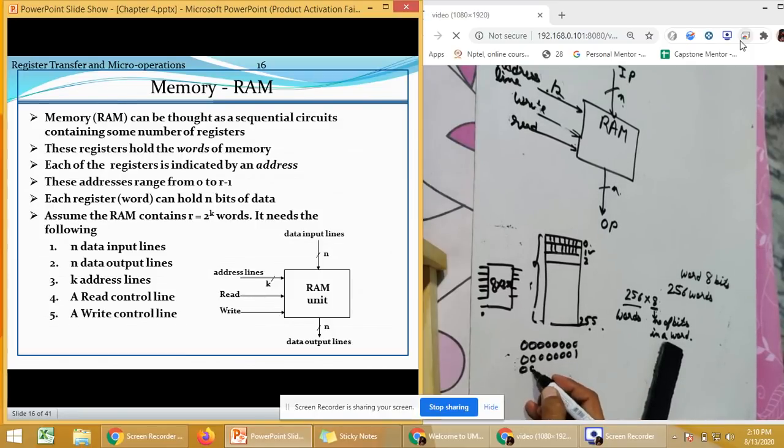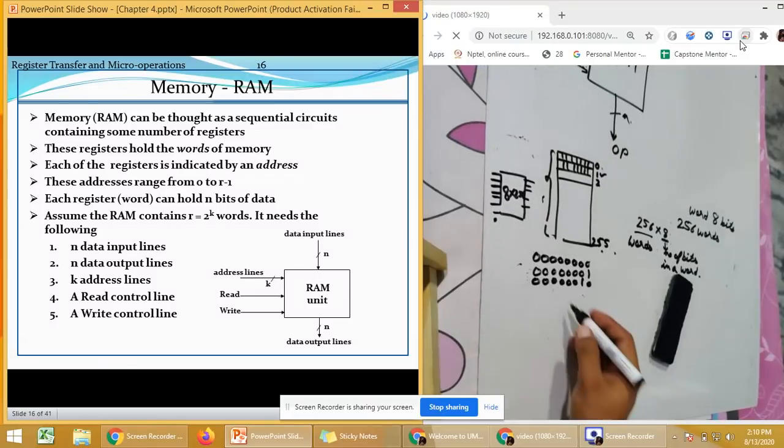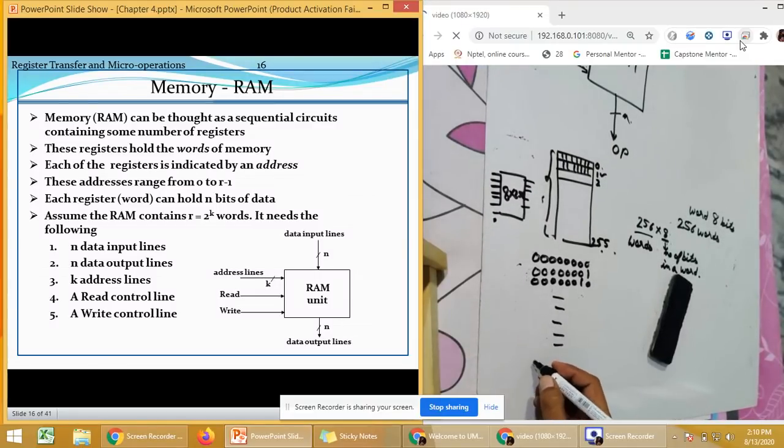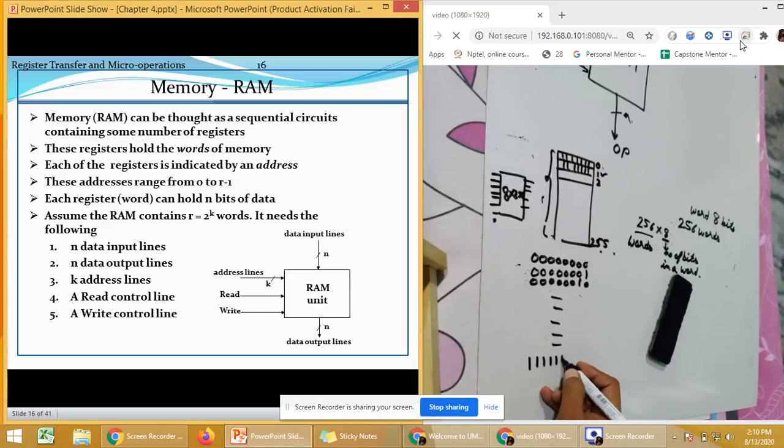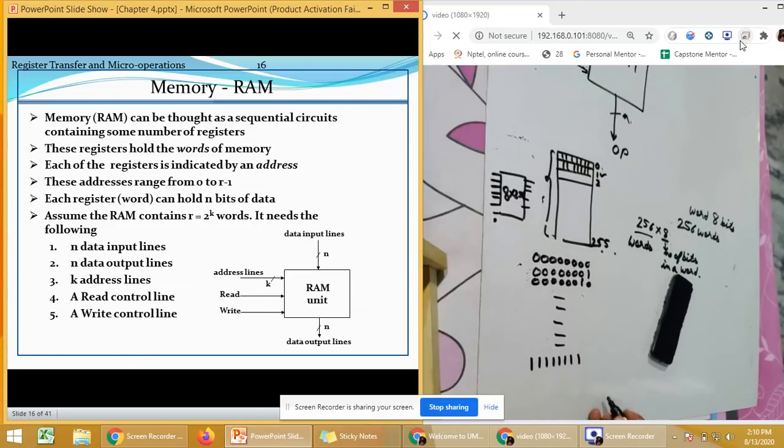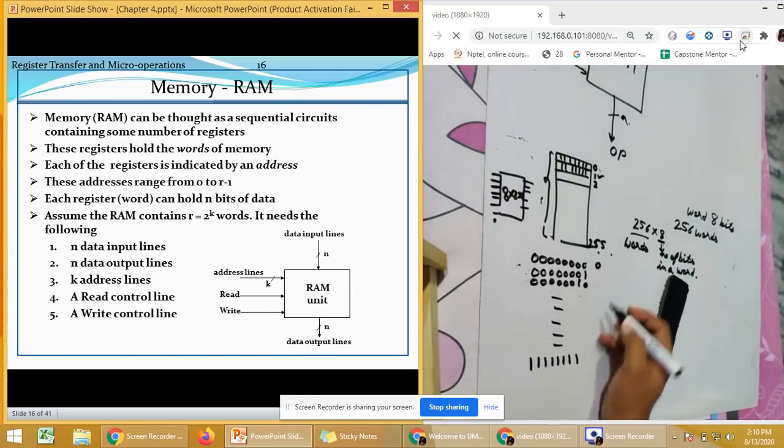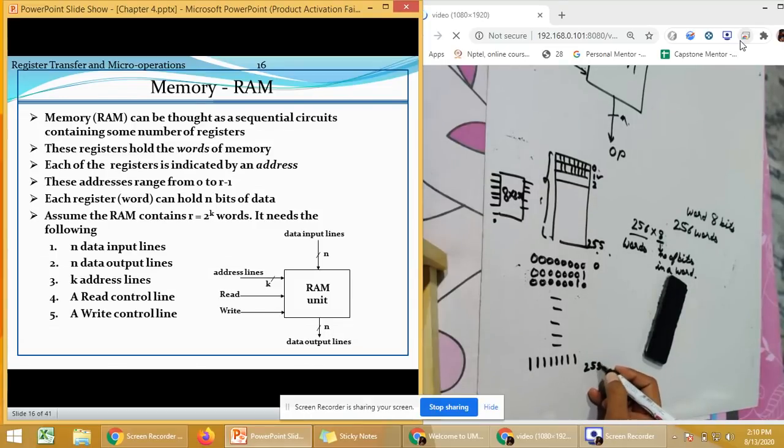Next, and when we reach 255, it will become 11111111. So this will be the zeroth, and this will be 255.